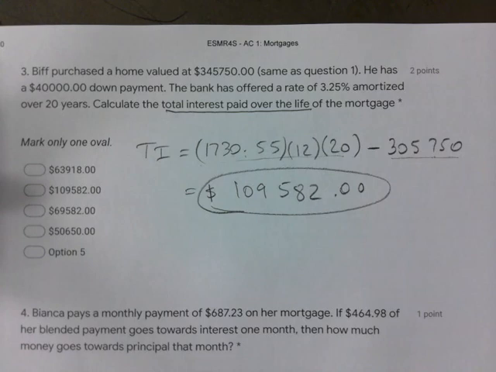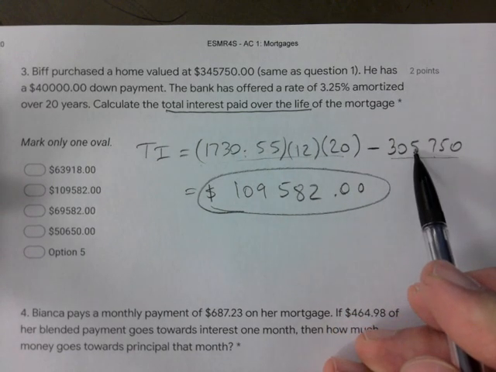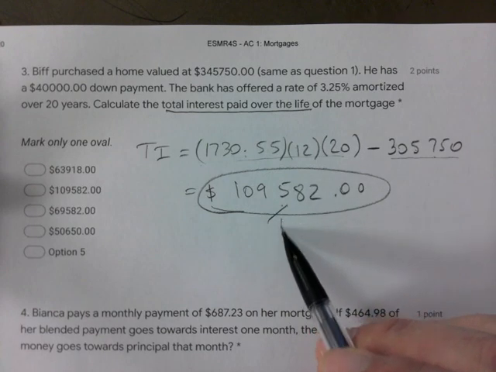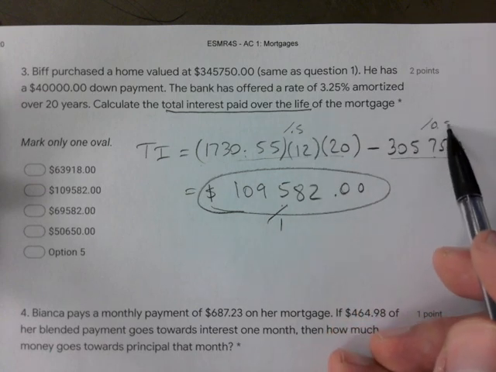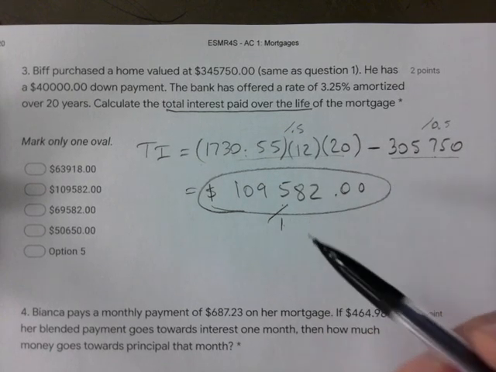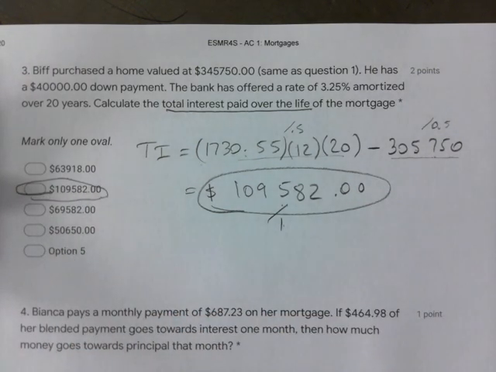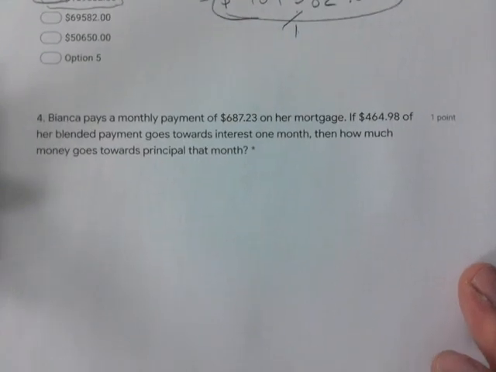So you would get half for this, half for that, and then a full mark for getting that final answer. And it's right there. So this is all vehicle finance stuff, just so you know. Next.